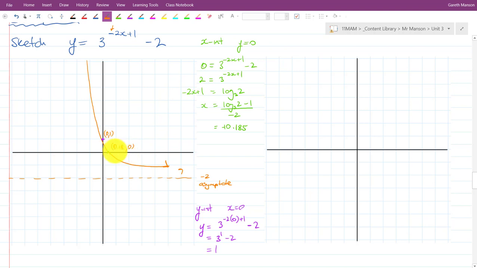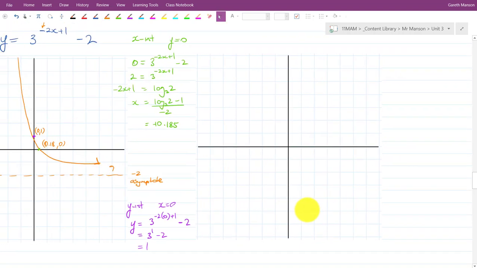Over here though, I might do the same thing again, but I'm going to start by tracking in different colours each step along the way. So let's start with 0, 1, 1, 3. This is y equals 3 to the power of x. So I'll put these on here, 3 to the power of x, and then in red I'm going to draw y equals 3 to the power of negative 2x.